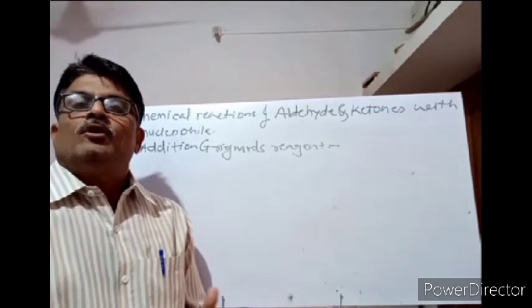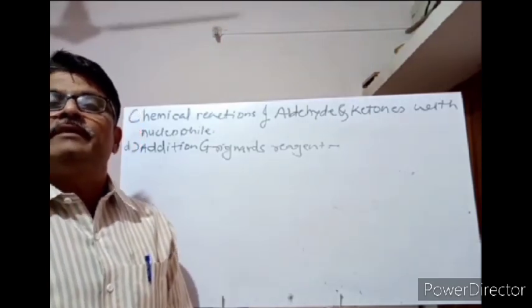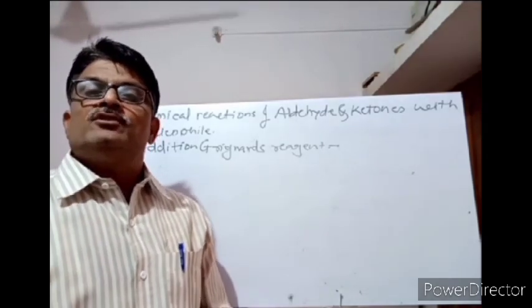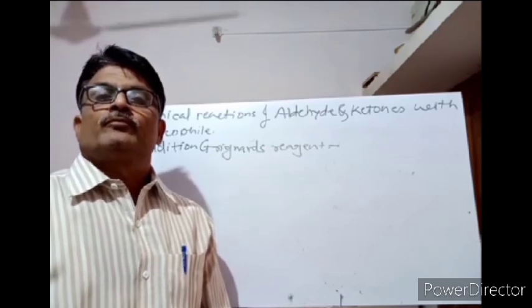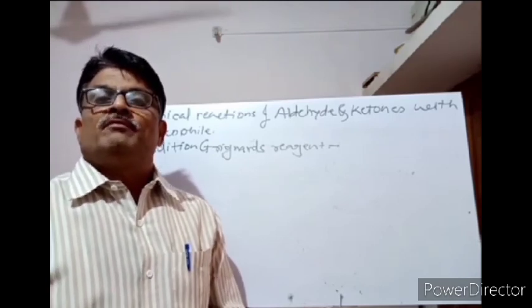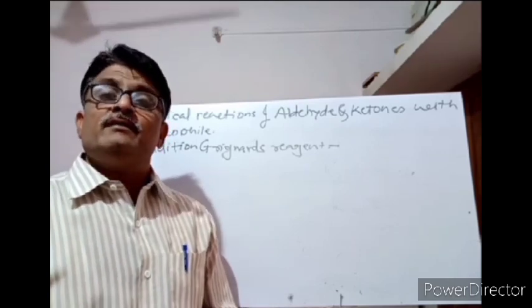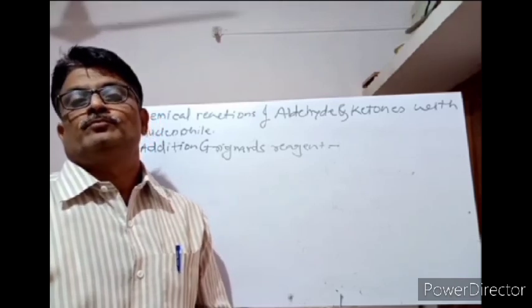Another reaction of aldehydes and ketones is the addition of Grignard reagent. Addition of Grignard reagent to aldehydes and ketones we saw in a previous chapter. That is the preparation of alcohols, primary, secondary and tertiary alcohols, from aldehydes and ketones.